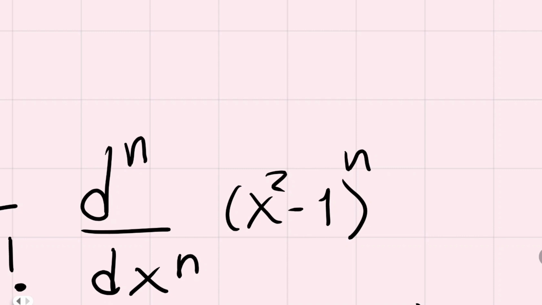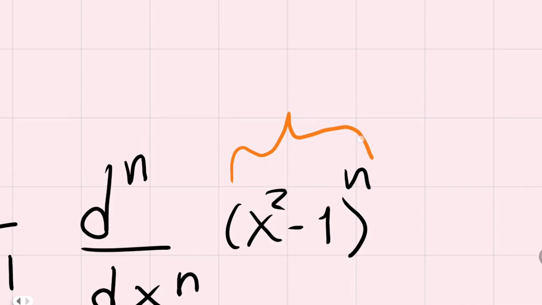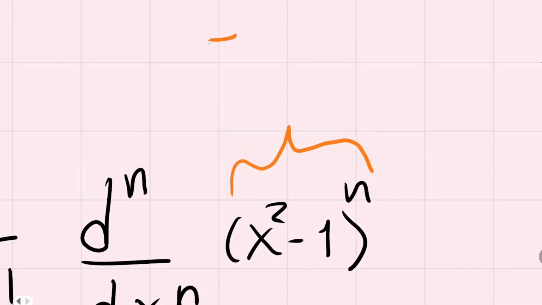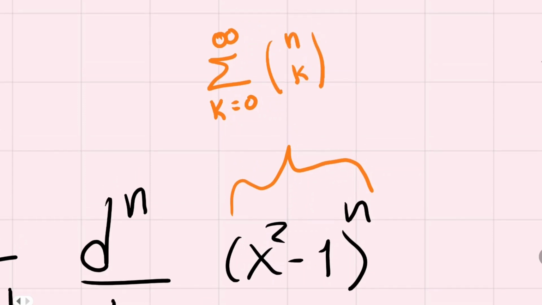And the binomial formula says that we can express what we have here as a sum for k equals 0 to infinity of n choose k times the first term, which is x squared raised to the kth power, and then (-1) to the n minus k.